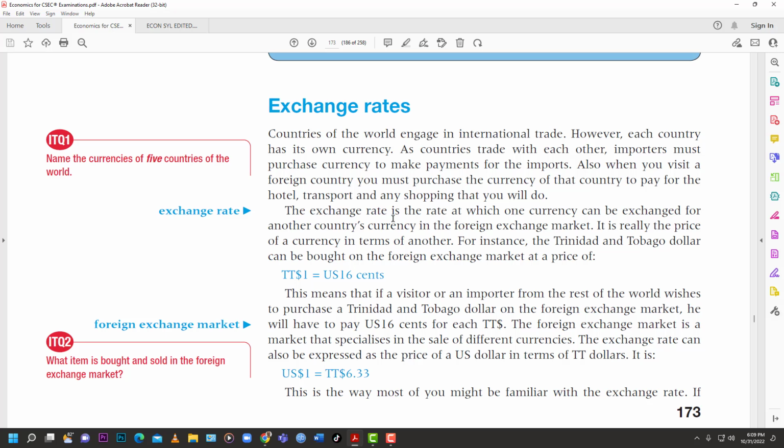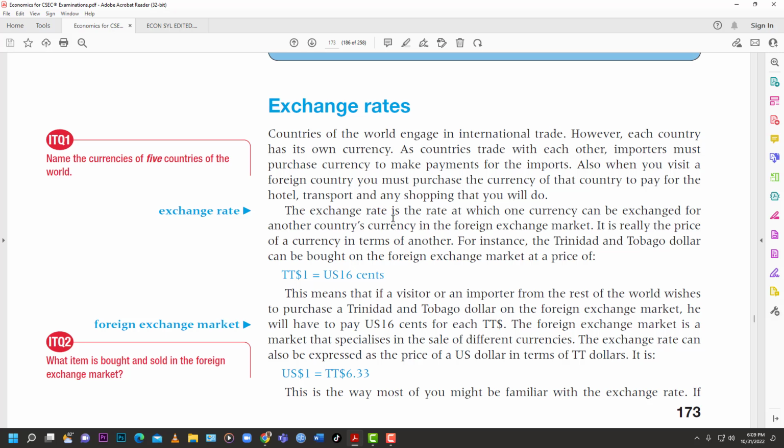So you have to know your exchange rate so you don't get robbed when you go somewhere. Somebody tries to round off or round up the figure and gives you some ridiculous price. Sometimes you go to buy a currency, maybe on the grey market, and they want to inflate the value of the currency. So you have to know your exchange rate.